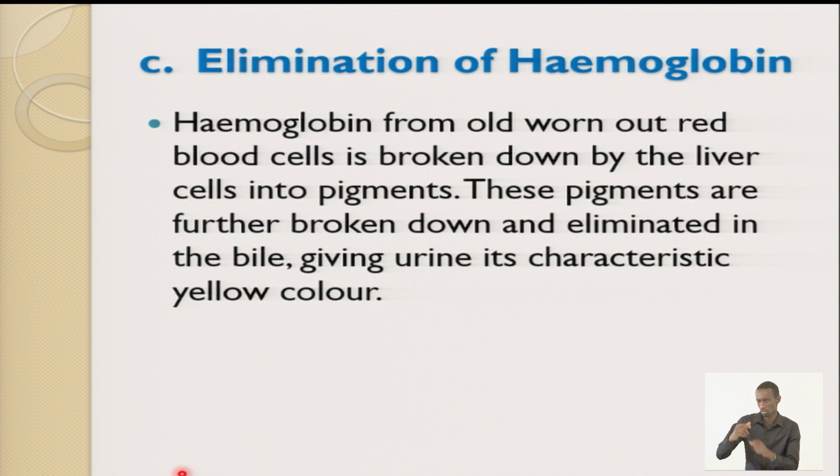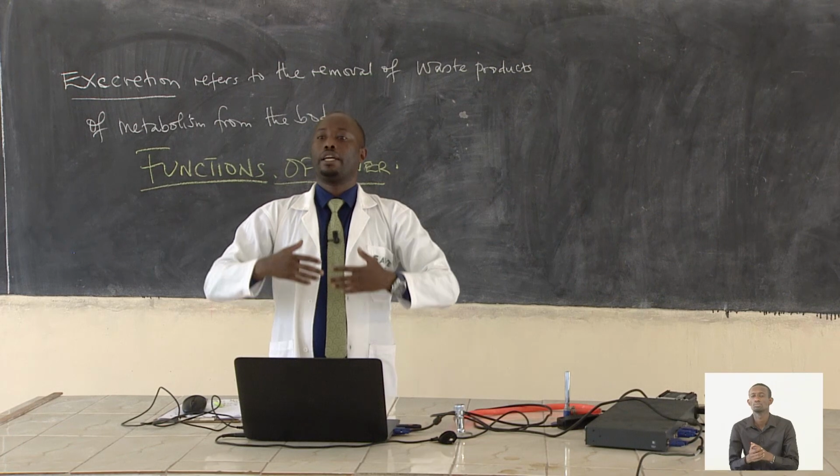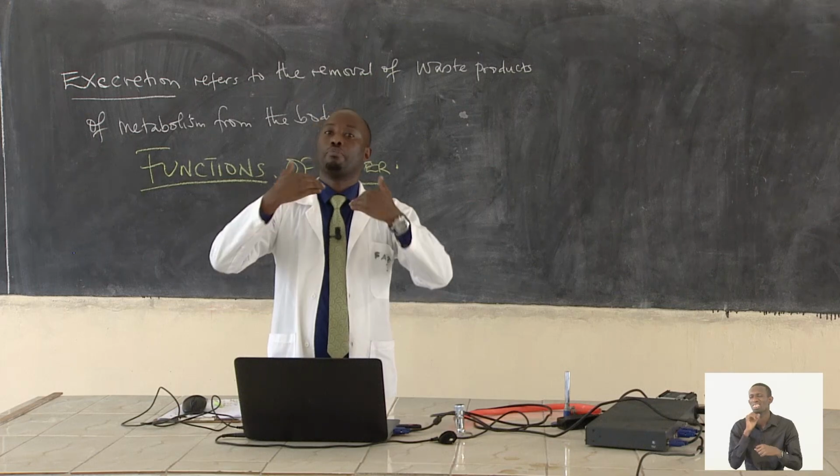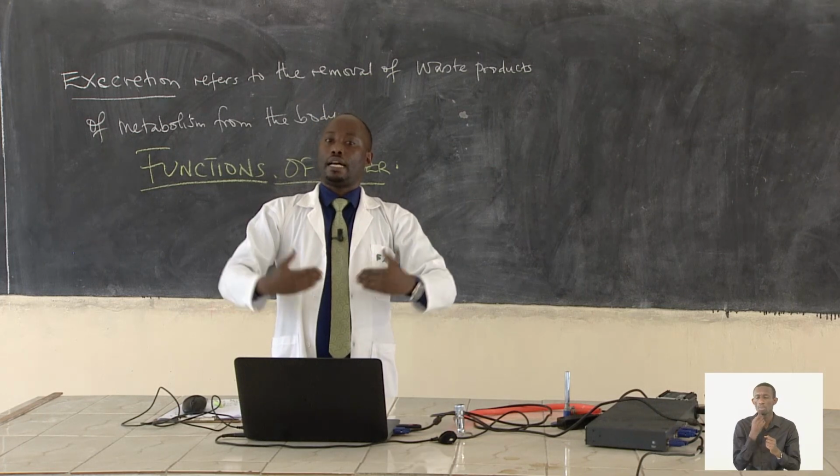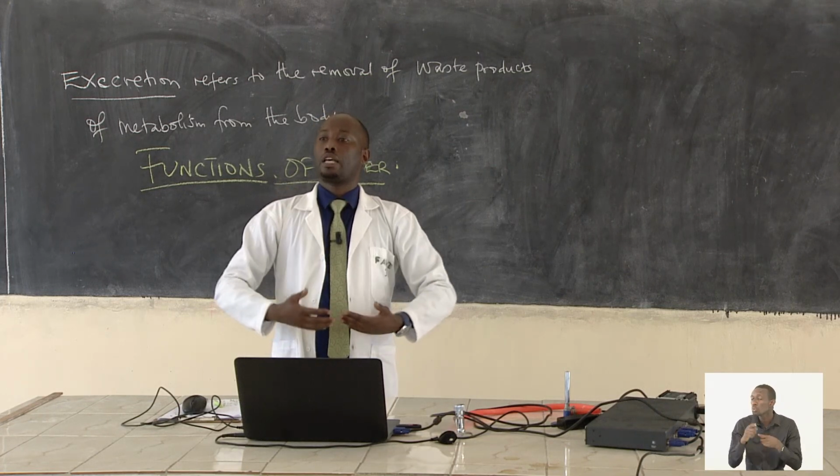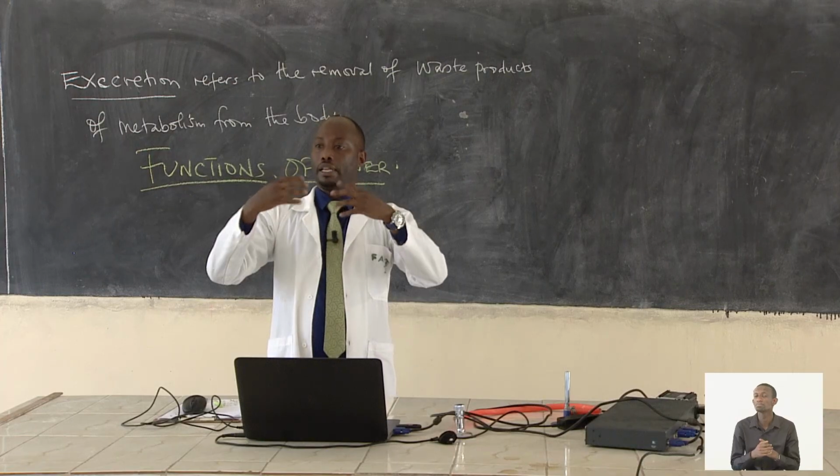We have elimination of hemoglobin. Hemoglobin is the red pigment found in blood. Once the hemoglobin is aging and getting old, it has to be removed from the body. That process of removing hemoglobin from the body is also done by the liver.